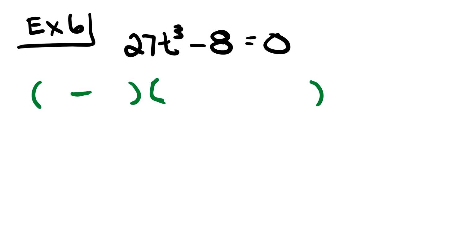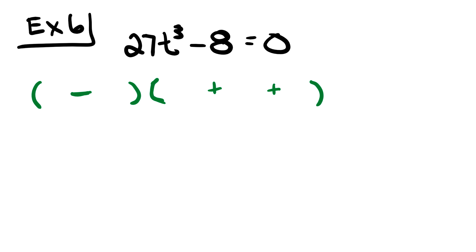The sign between the first and second term of the trinomial is going to be the opposite of the first sign. That's going to be plus, and the third sign or second sign in the trinomial is always positive. Like so. So my signs are set up.